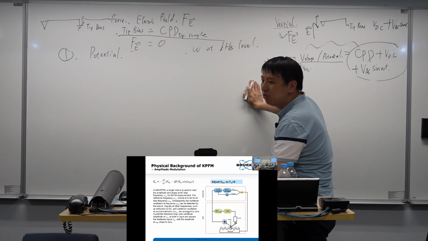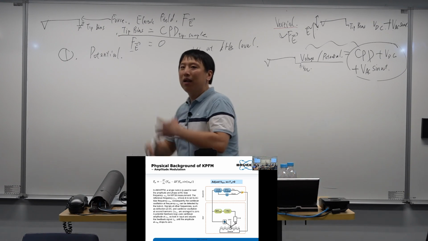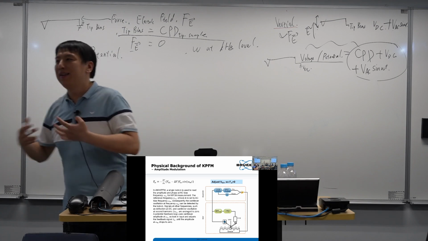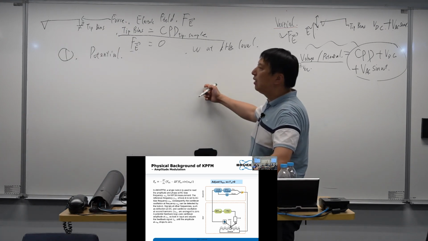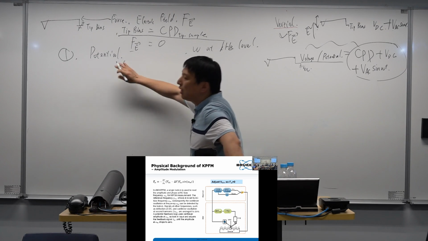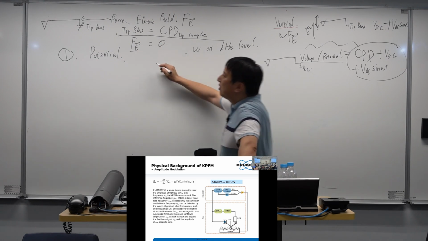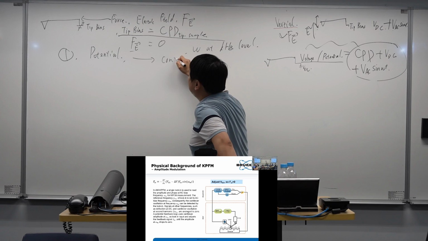Our textbooks always use this way, but I don't want you to be confined by this concept. The potential can be arbitrary. It does not need to be contact potential.